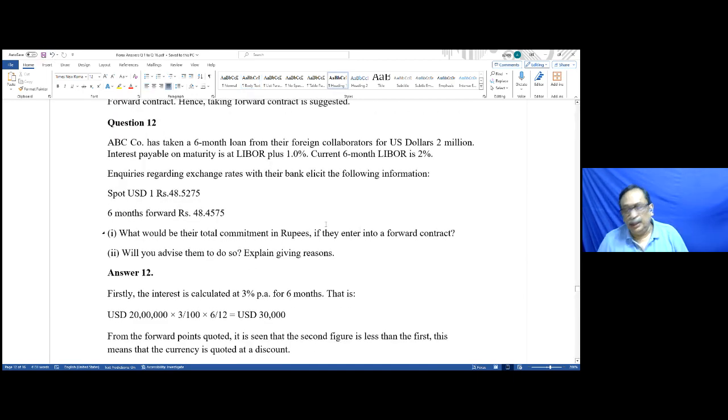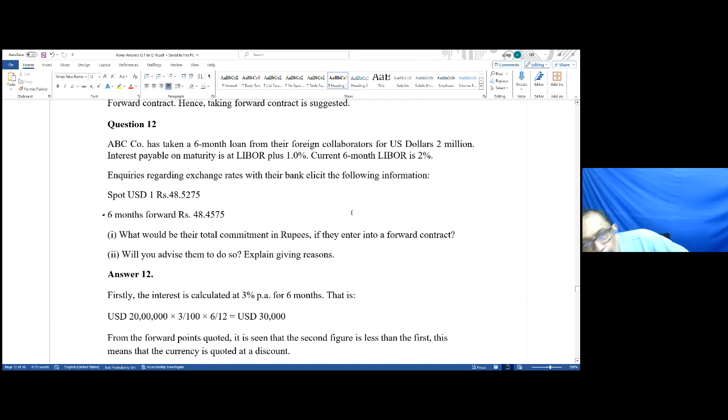Just read it. ABC company has taken a 6-month loan from their foreign collaborators for US dollar 2 million.